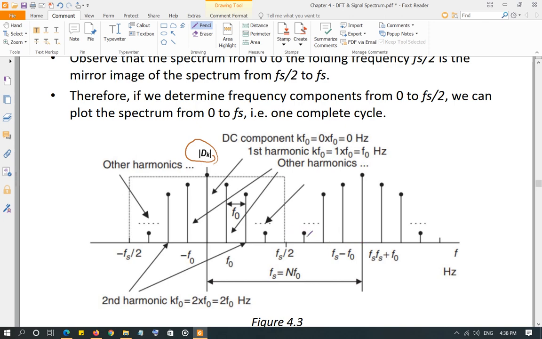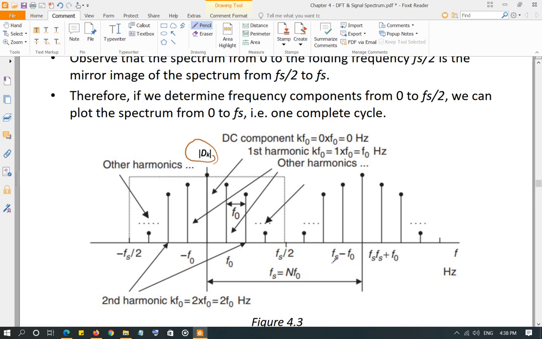Whatever components are between 0 and fs by 2, from fs by 2 to fs is going to be the mirror image of these components. So if you know these components, you can always produce a mirror image, and you can calculate the components over one complete cycle. All you need to do basically is to calculate frequency components from 0 to the folding frequency, or up to N by 2. But in general, we will be calculating components from 0 all the way up to fs, all of the components.